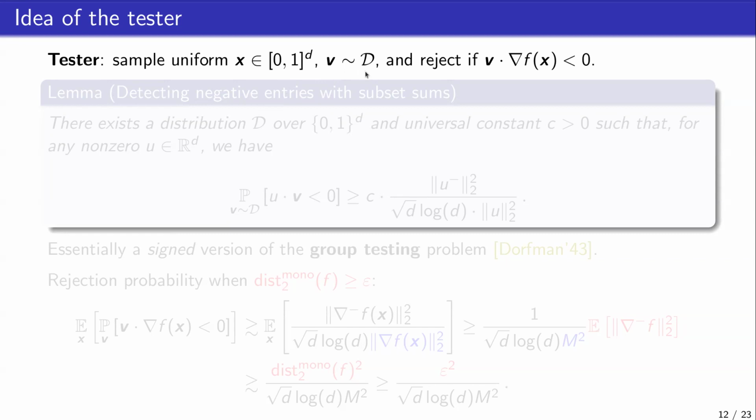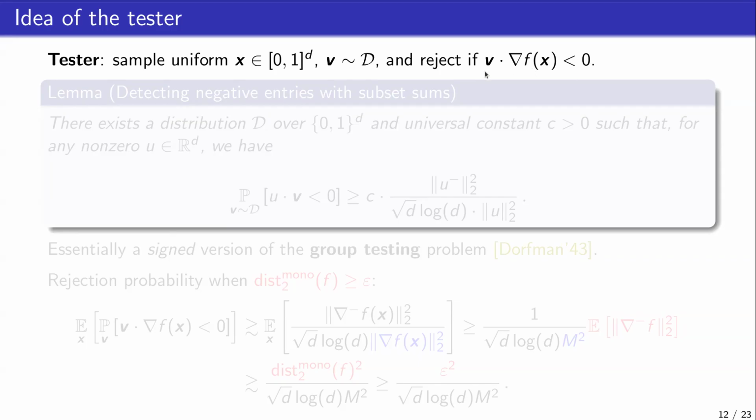But importantly, this direction is going to be all positive, like it's going to point only up in every dimension or zero. And then we're going to reject if the directional derivative in that direction v, so if this inner product, is negative. And again, this is never going to reject a monotone function because this directional derivative is always going to be at least zero.